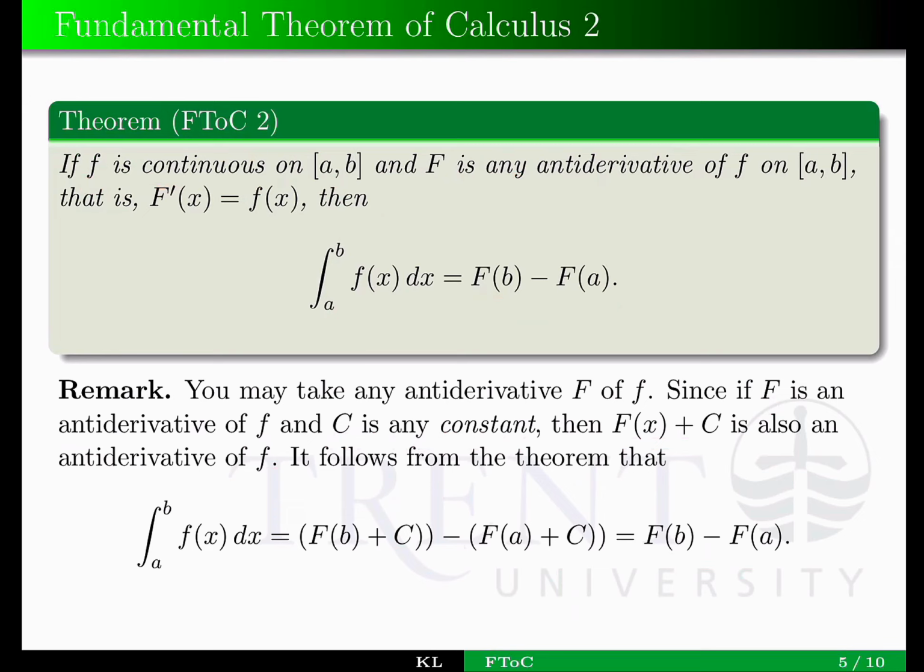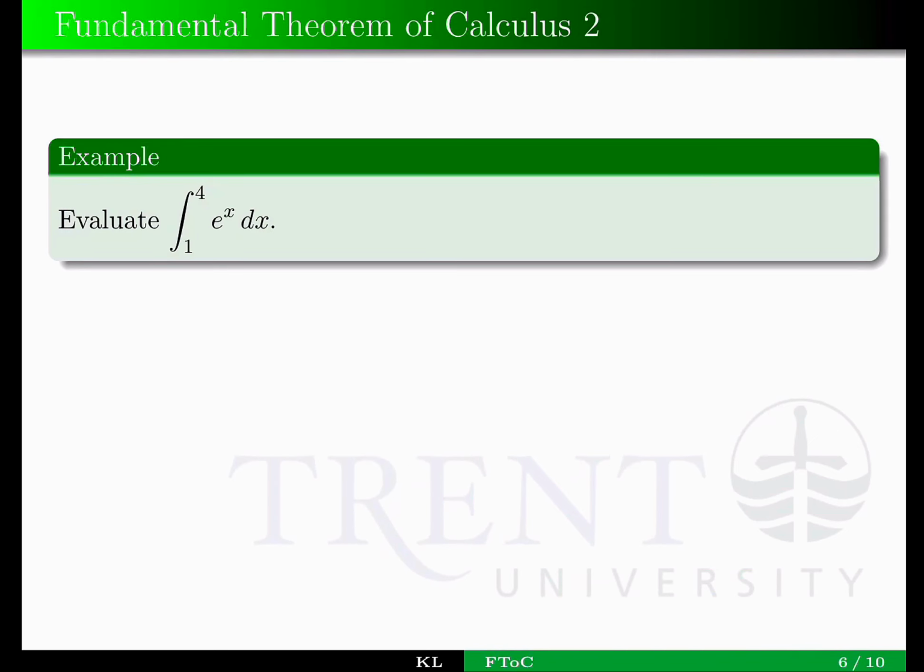So let us practice this method. We want to evaluate the integral from 1 up to 4 of e to the x dx. Take note that if you get the derivative of e to the x, it's also e to the x.